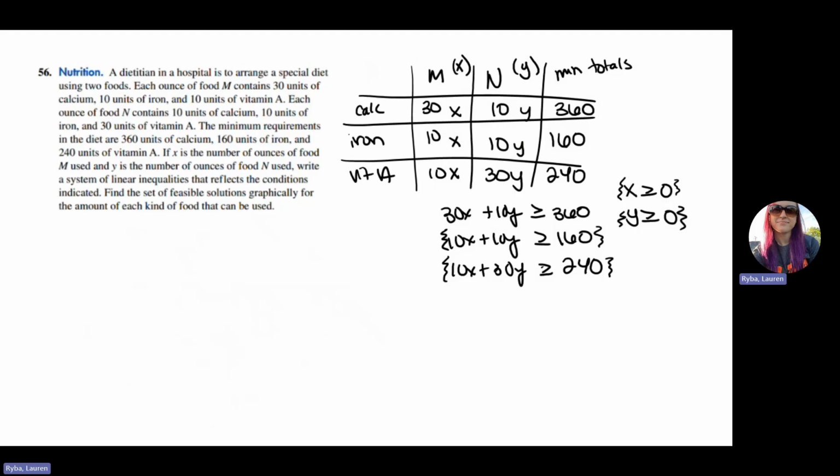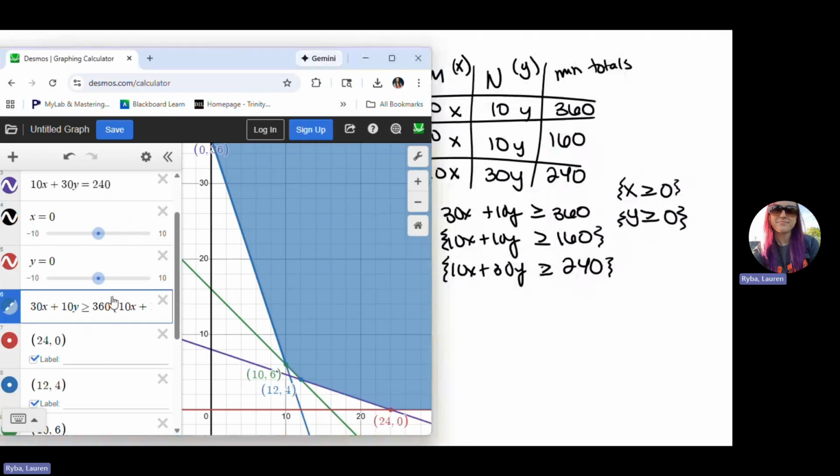It's over here. That's what I get for having two screens. So you can see here, this is the second equation in curly brackets. This is the third equation in curly brackets, fourth, and then the fifth one. And that's how you get all of it to do just one shade.